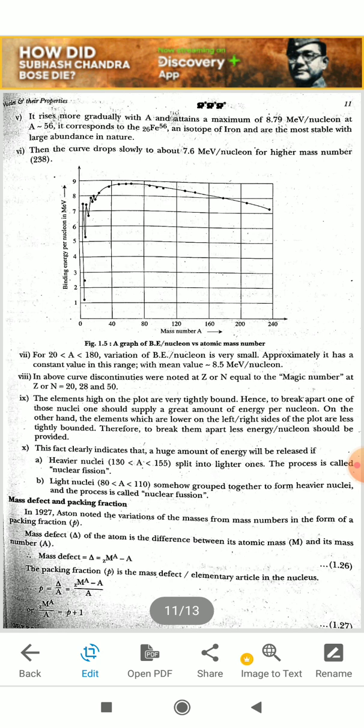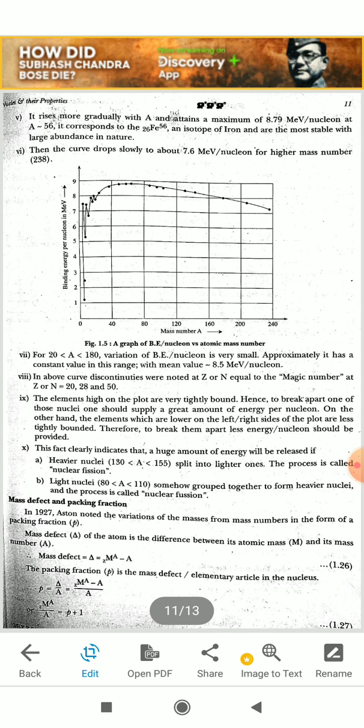After that we also look at the mass defect and packing fraction. Mass defect is nothing but the difference between the nucleon mass number and the actual mass number, that is delta m equal to the mass of the actual nucleus minus the mass of the nucleons.